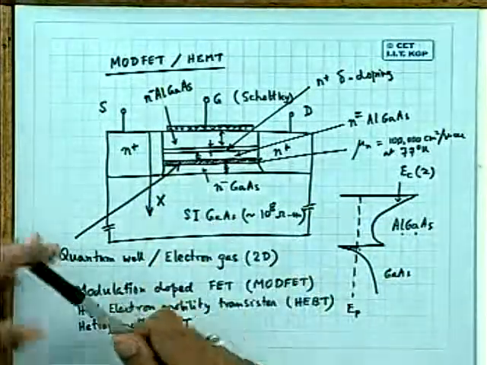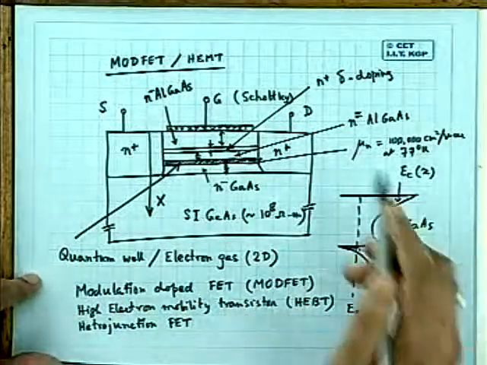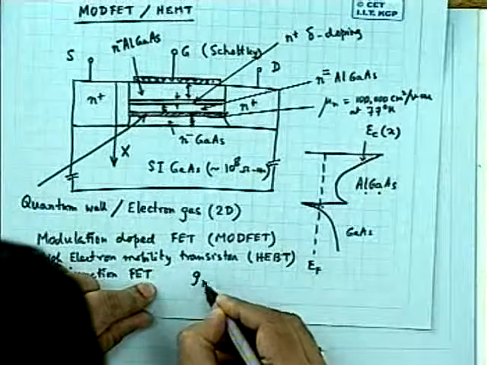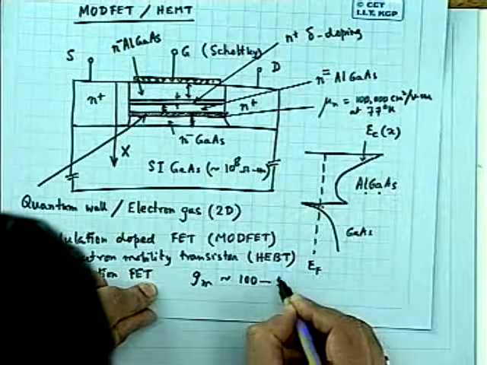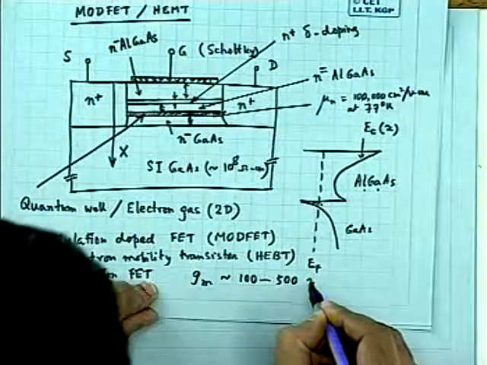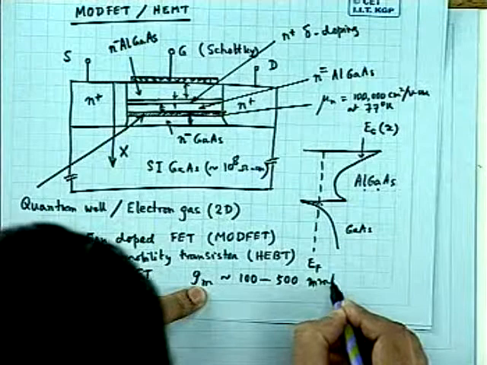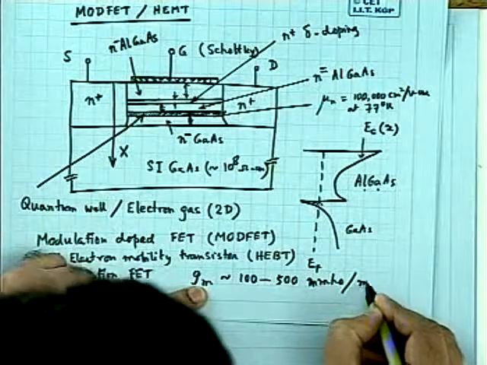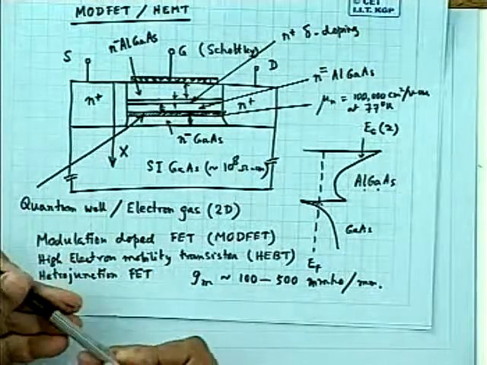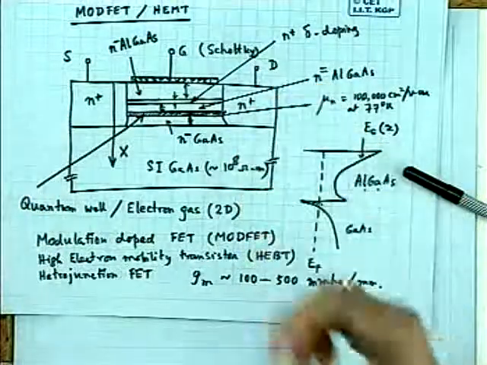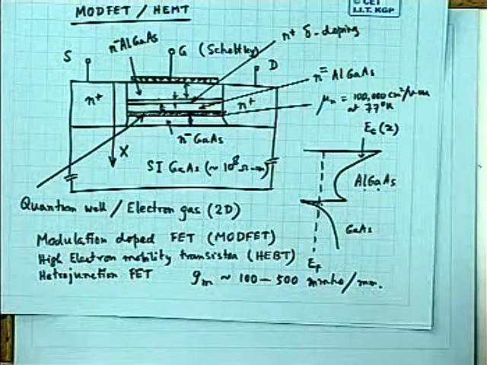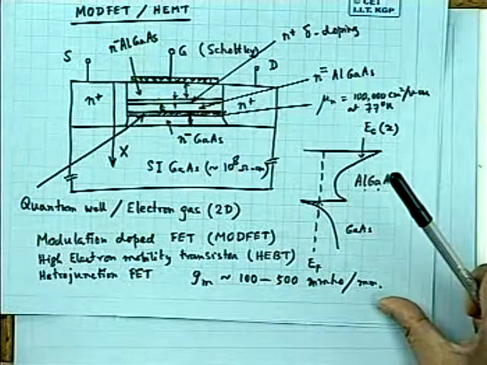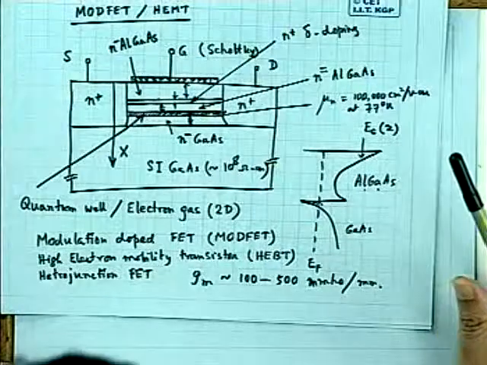And such a device can easily achieve a gm value which is around 100 to about 500 millisiemens per millimeter of width, per millimeter of W value.